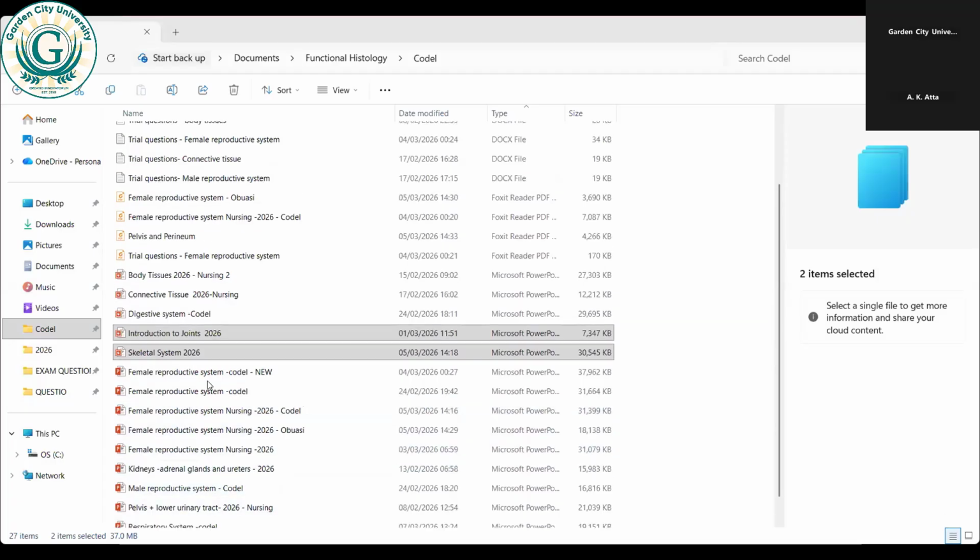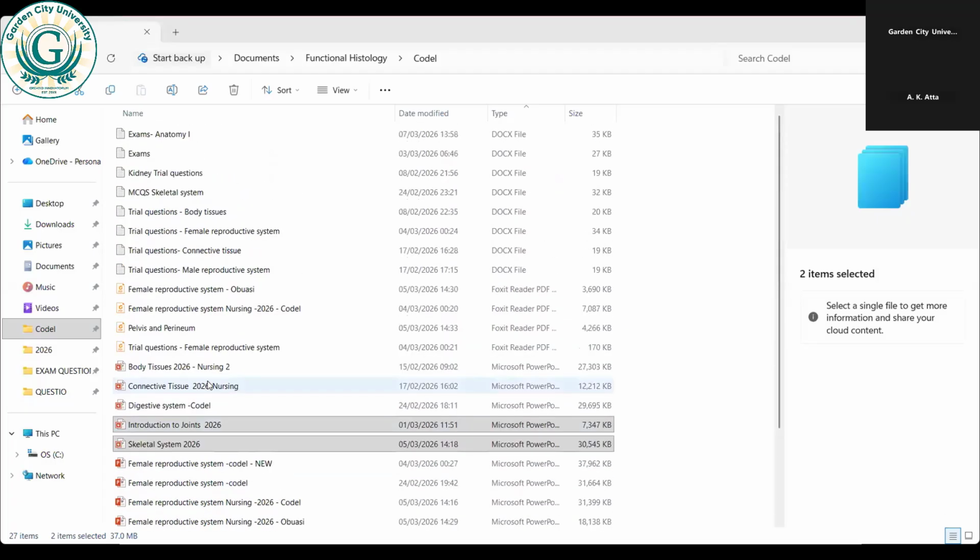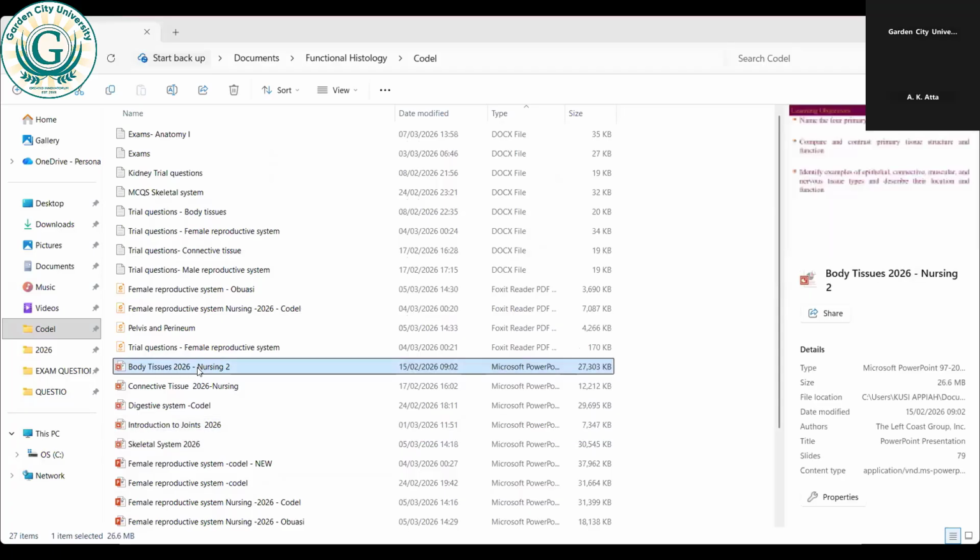Let me see what I can find. The slide is here. Oh, interesting. When we were talking about the nervous tissue, I remember teaching you that the Schwann cells can form what we call a regeneration tube. So I think I explained something here.